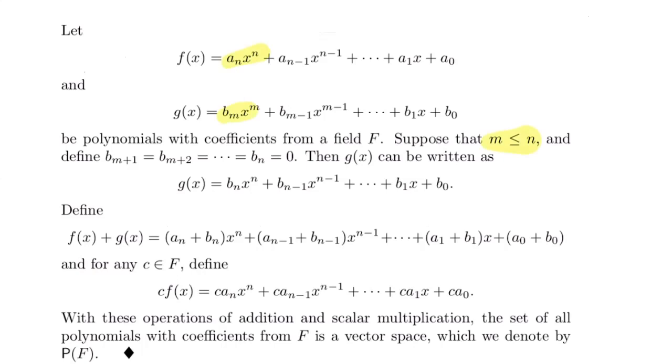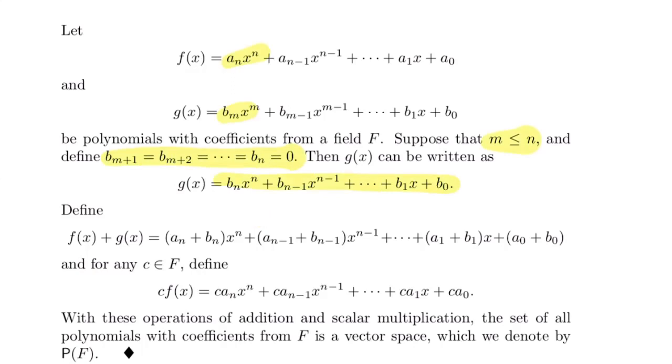So he sticks on, quote unquote, some more coefficients to g to make it the same length: b_{m+1} up to b_n, let's just call them all 0. So g still has degree m, but we're just writing these placeholders, right? So then we can write it in this form where the length is the same. That was the whole point of all of those shenanigans, to get the length to be the same.